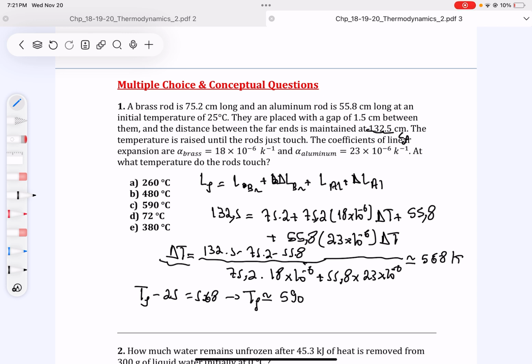But why is it in Celsius? Oh yes, it's in Celsius, not in Kelvin. Okay, Celsius.